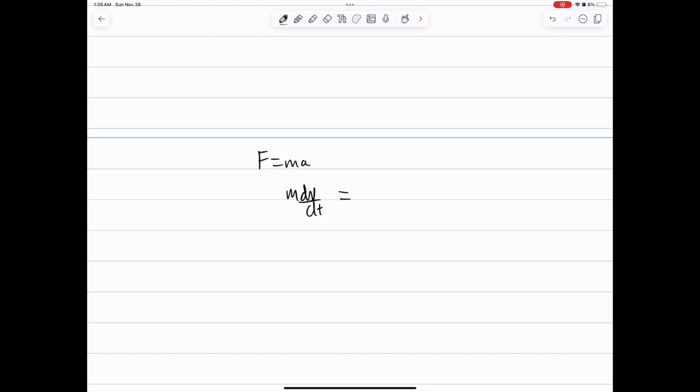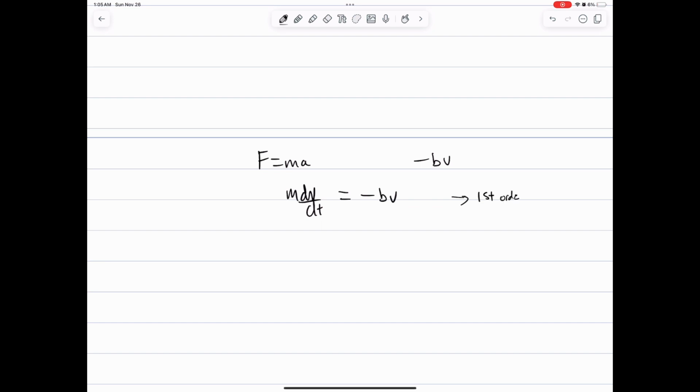And drag force is all that's acting when your object is at terminal velocity in free fall. So drag force is just equal to negative bv, where b is the drag constant, or drag coefficient, sorry. So this is just equal to negative bv, and we have a differential equation. Now this is a first order equation.